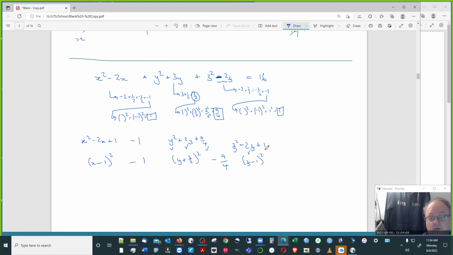Minus 1 times minus 1 is plus 1, tick. Now we had to add 1, we can't just willy-nilly add 1, so we've got to subtract 1, so we'll put that there, and we've got 16.